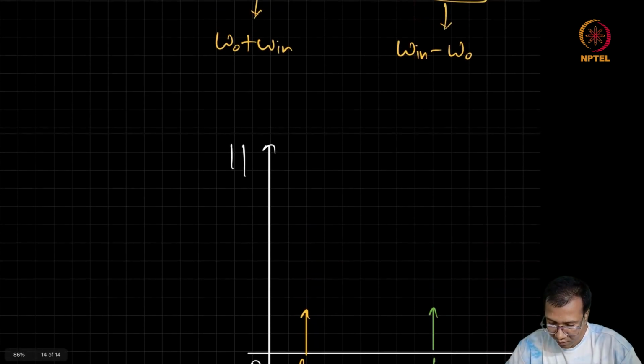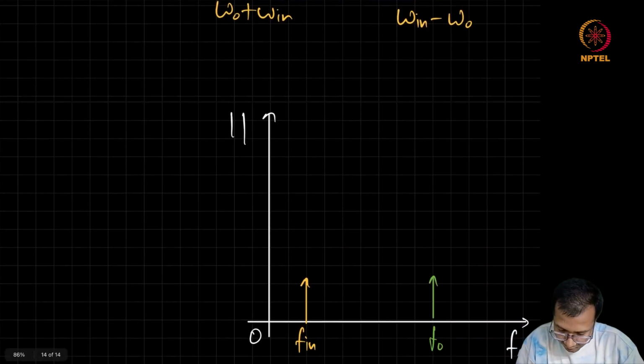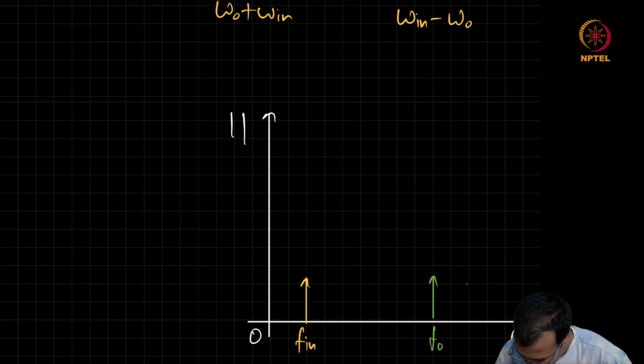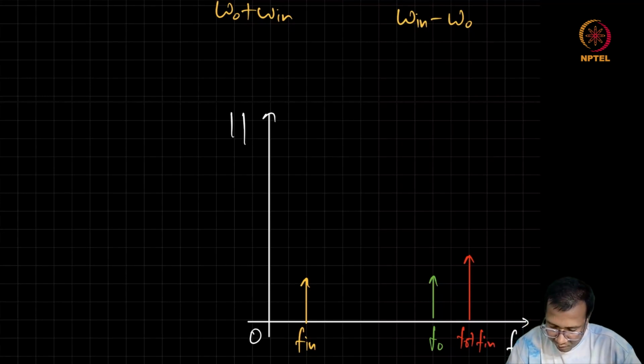Then the two frequencies are going to appear at f naught plus f in, and another one is omega in or f in minus f naught, which is same as f naught minus f in.